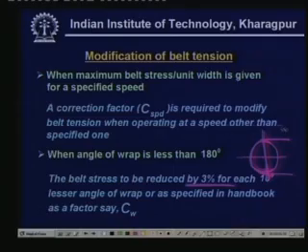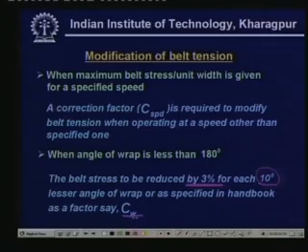If it is 170 degrees, you reduce the strength by 3%. If it is 160 degrees, you reduce the strength by 6%, and so on. You can get this angle of wrap factor, which we are considering here as CW.